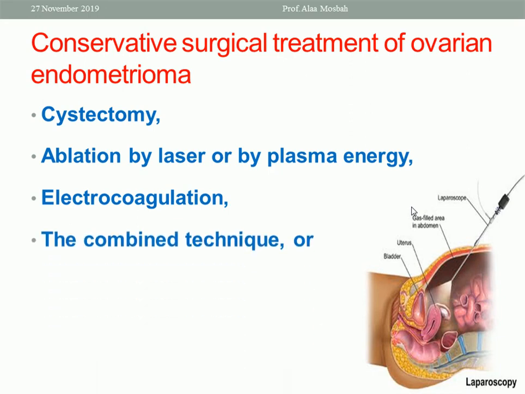The combined technique, I will use combined technique like partial cystectomy and use electrocoagulation also in the same case. So this is called the combined technique. Or three-step approach. We'll see how to do three-step approach later on. Okay, so we have here 5 lines of treatment: cystectomy, ablation by laser, electrocoagulation, the combined technique, and lastly the three-step approach.